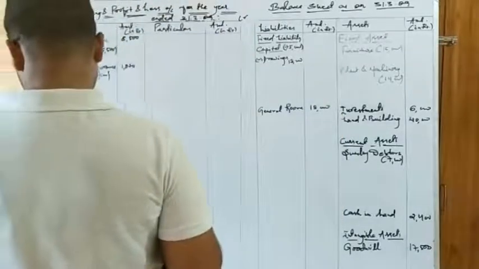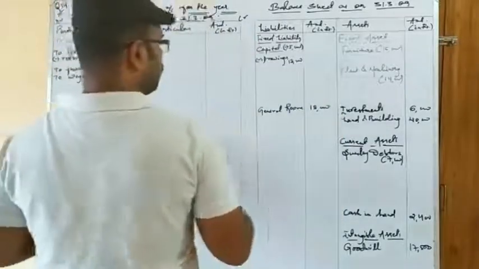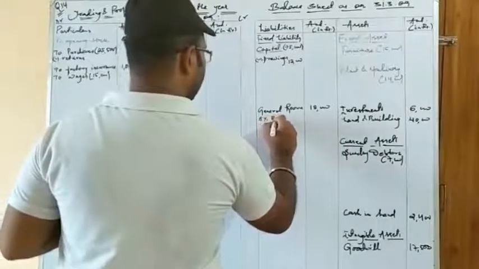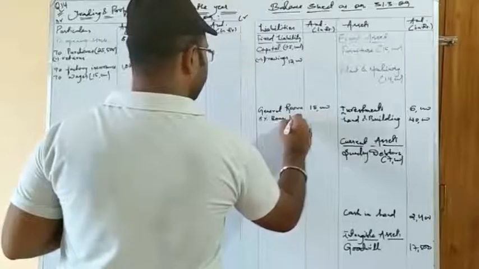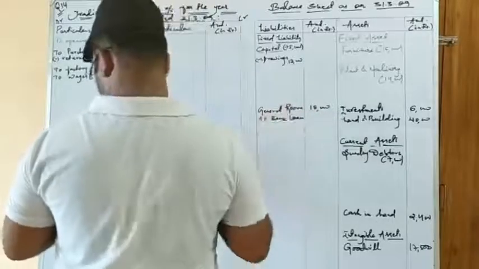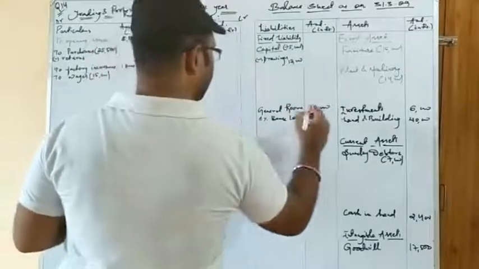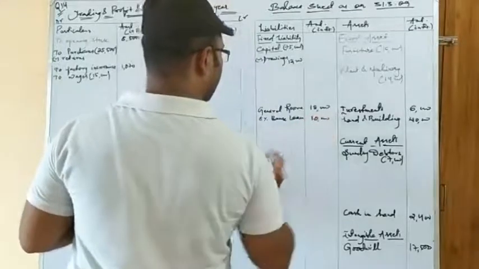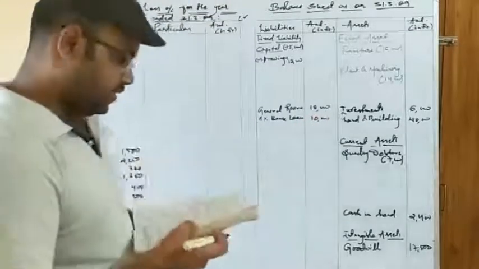Then the next item given is 8% bank loan. Again, bank loan is a fixed liability because it is a long term liability. So the 8% bank loan given is 10,000. Students, this is an important turning point in your adjustment problems.